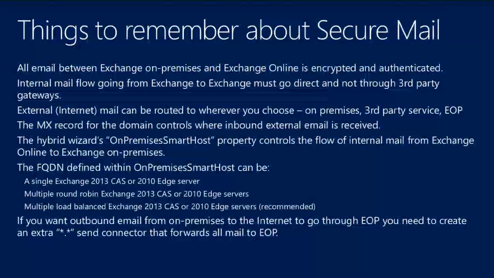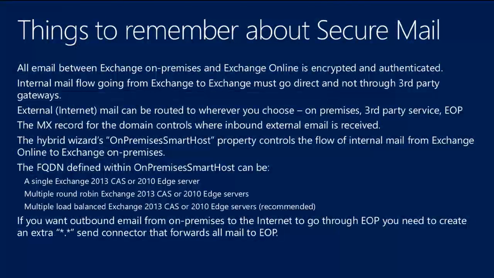Now, it can be a host name that maps to a single Exchange 2013 CAS. It can be that Exchange 2010 Edge Transport Server. It can be load balanced of any of those two, right? So it doesn't have to be one machine as long as it's one host name.